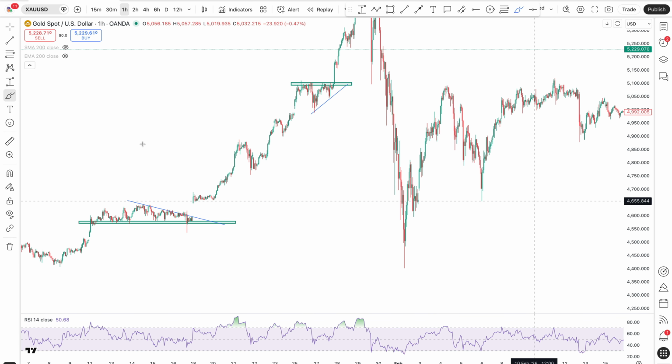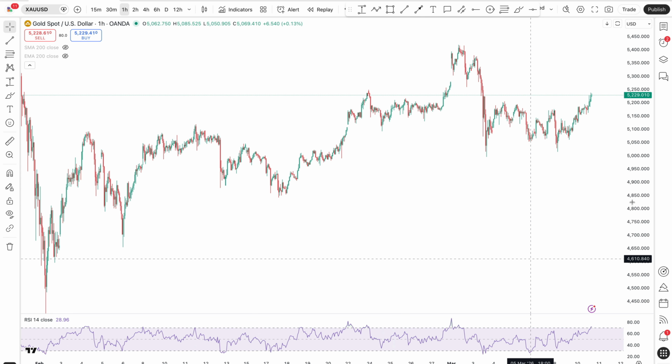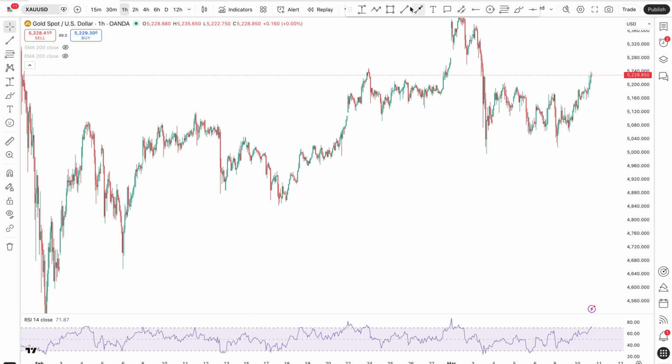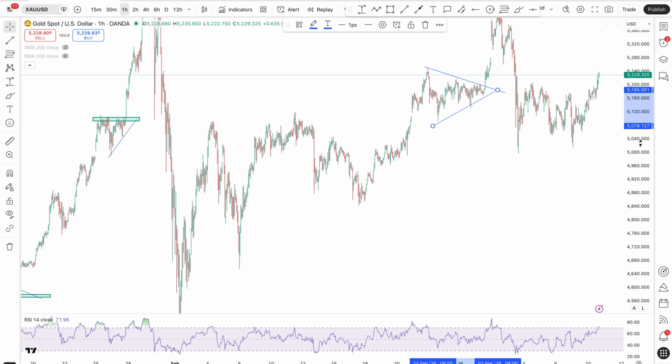So one last example before we wrap up this video. You can see we have one here, right? This is a clear symmetrical triangle, unlike the one we had on USD CHF, right? So you can clearly see the difference. The difference is this one is formed after a bullish move. So the preceding movement is clearly bullish, right? The overall trend is clearly bullish.